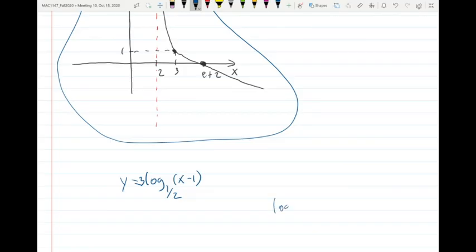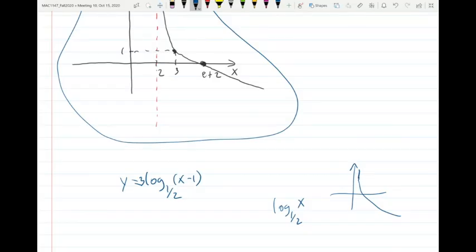The basic function is log base 1/2 of x, so you know how to begin the picture, right? The picture begins something like this, with your key points, and then you're going to do 2 transformations to that picture.